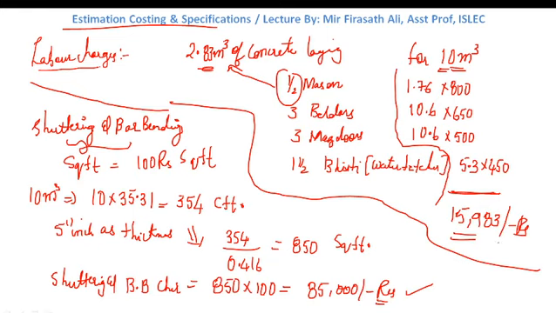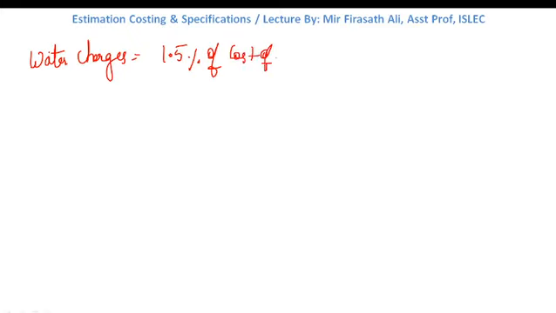The shuttering charges are 85,000 rupees and the labor charges were 15,983. Our next step is to calculate water charges. Water charges is equal to 1.5% of the cost of concrete materials.